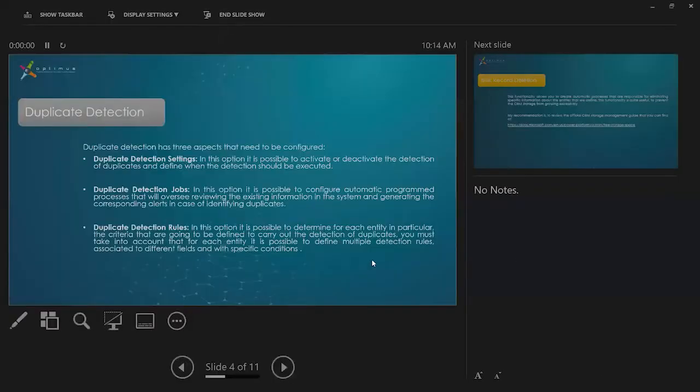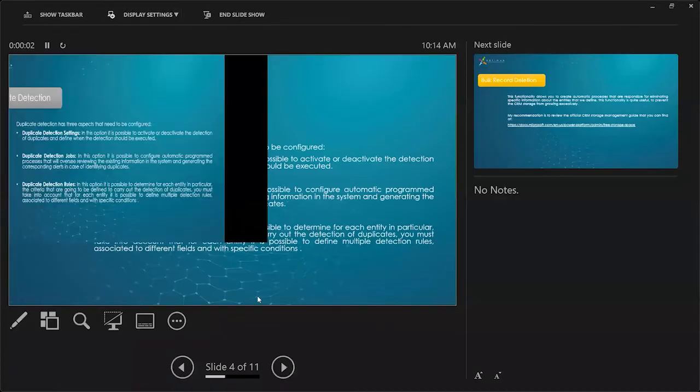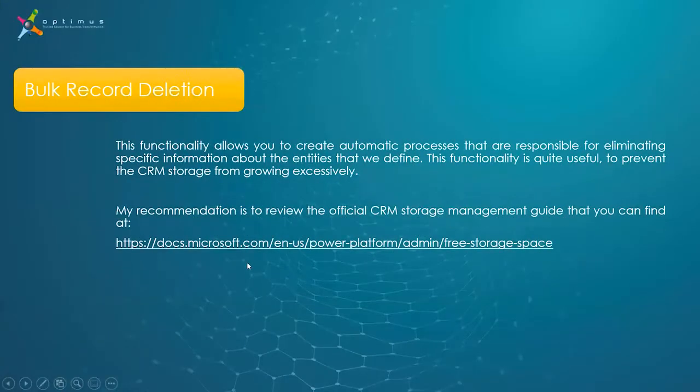After that, here in our guide, we have bulk record deletion. This is a really powerful functionality, but it's something that you need to use really carefully. Because if you create a job with some criteria that are not the right ones, you could make a mess.